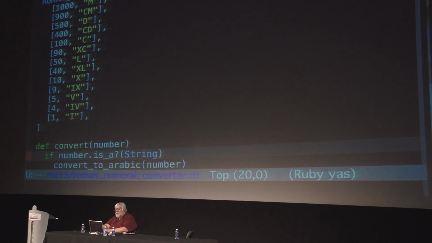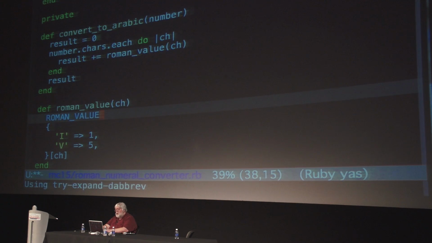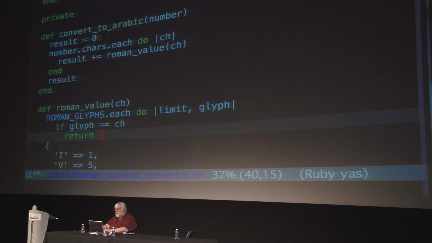Why not reuse the map up here? Well, this is interesting because this is not a map. This is actually an array of pairs. I could actually do this: Roman glyphs each do, I'll get a limit and a glyph, and if the glyph equals the character, then let's return the limit.